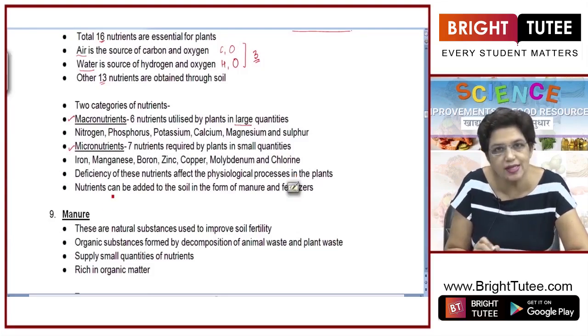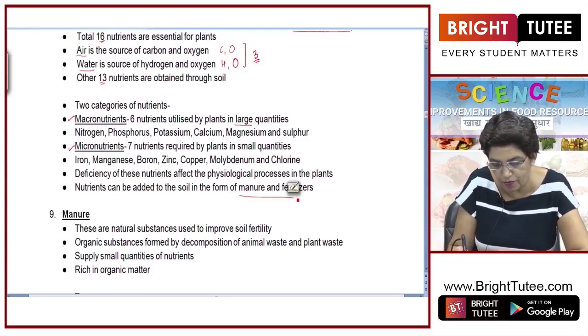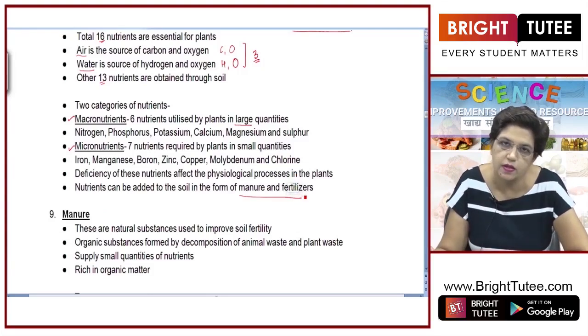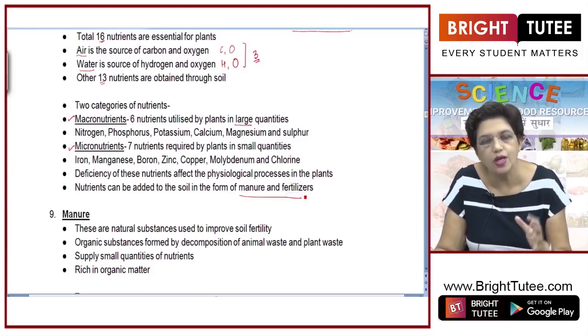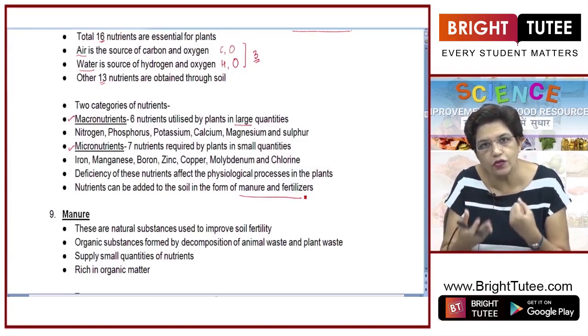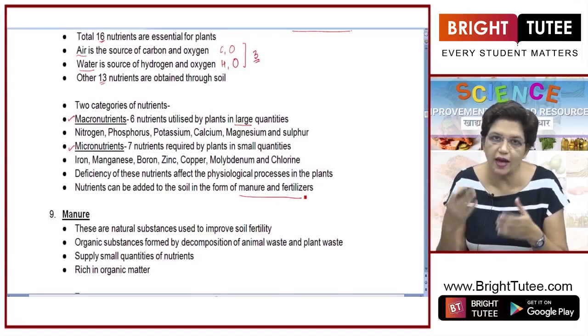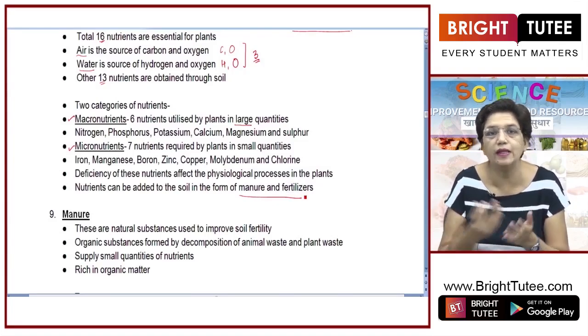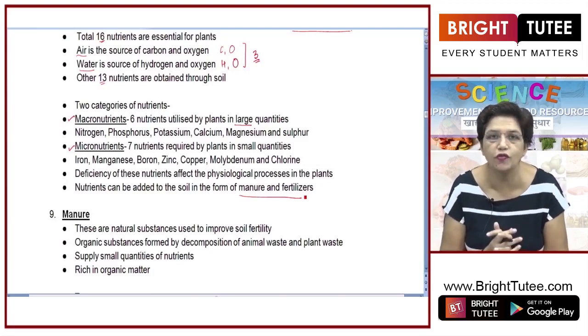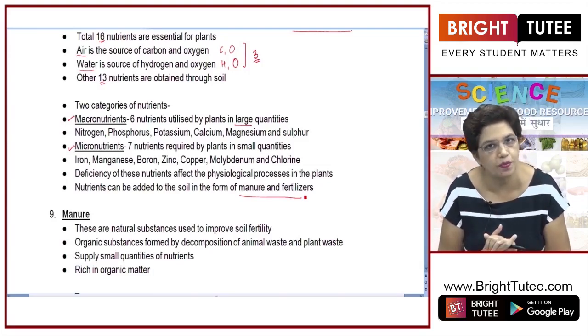Nutrients can be added to the soil in the form of manure and fertilizers, because once the crops are grown, they take up the nutrients from the soil. So the nutrient level of the soil decreases. It has to be replenished. We need to add more nutrients so that the next lot of crops get enough nutrients from the soil.